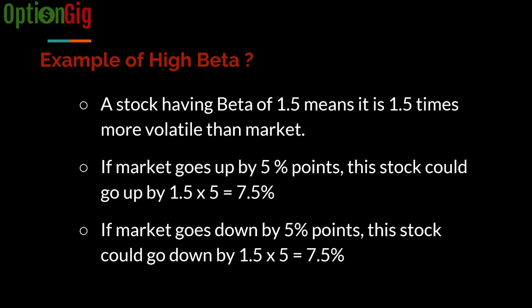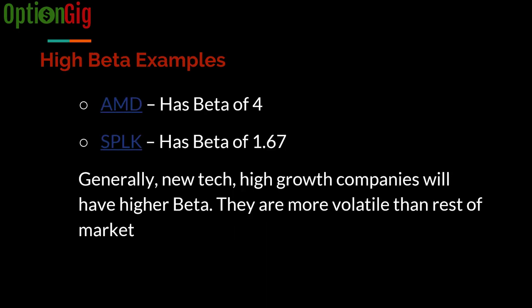So you would see that the changes in the stock value are higher than the changes in the market because it is a high beta stock. An example of high beta stocks: AMD has a beta of 4, Splunk has a beta of 1.67. You would generally see that the new tech high growth companies have a much higher beta because they are more volatile than the rest of the market.